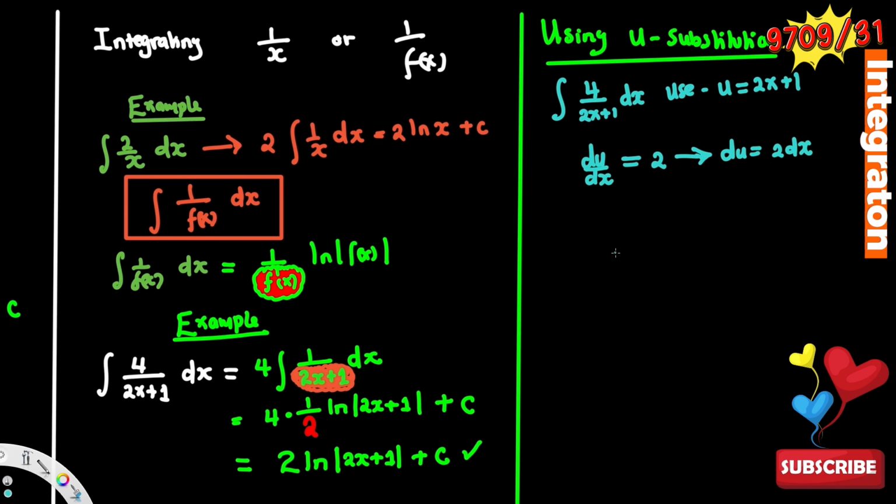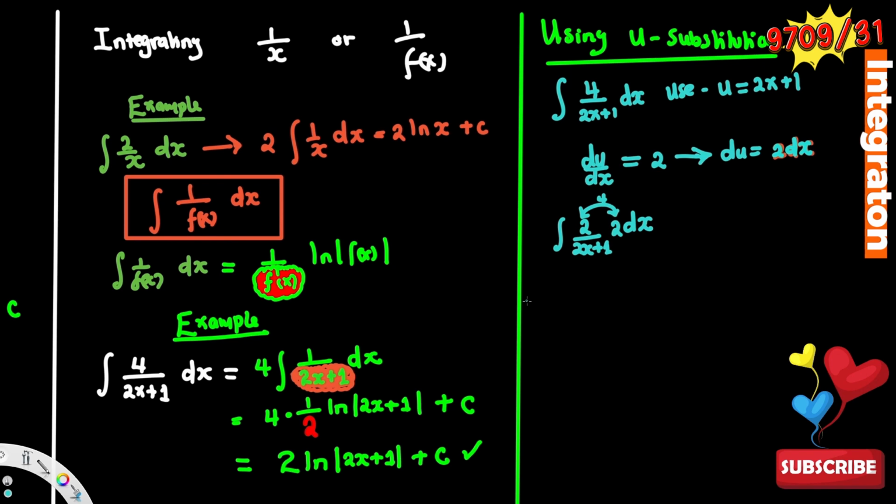So meaning that expression that we have at the top here, if you look at it, we can simplify it so that we can write it in terms of 2 dx. So 2 times 2 will give us 4. So we have not done anything strange. We just split that 4 so that we have 2. We combine it with the dx so that we can have this expression for du.